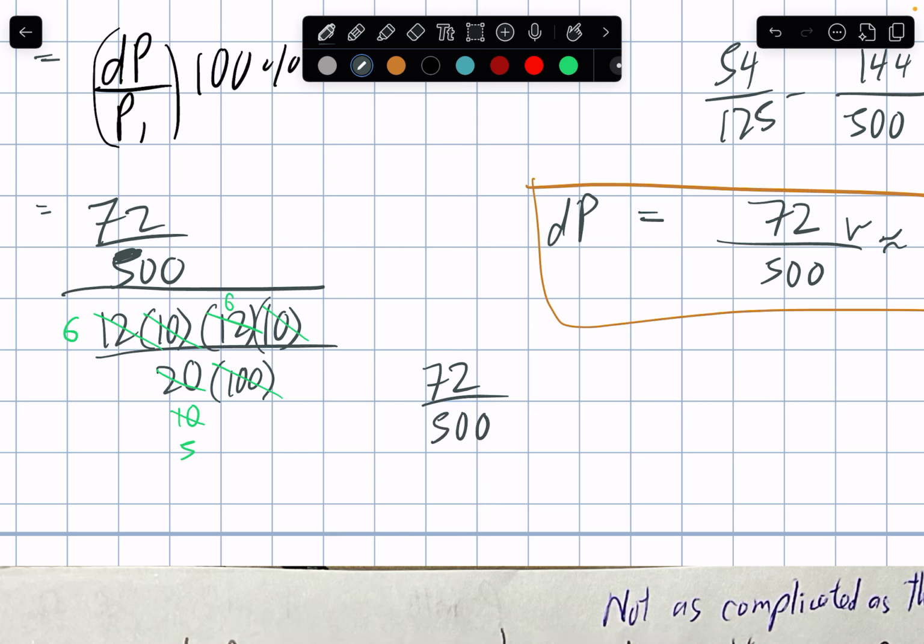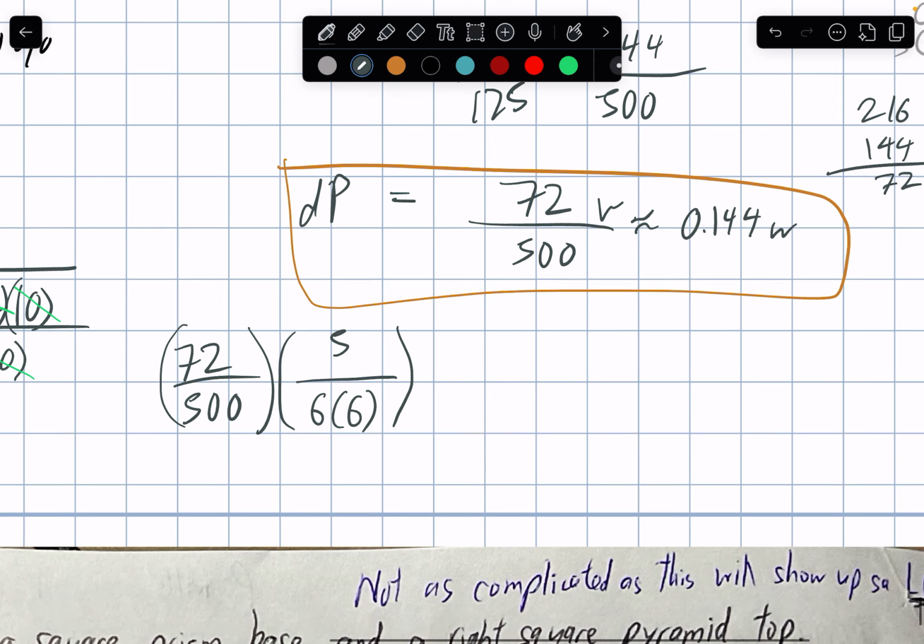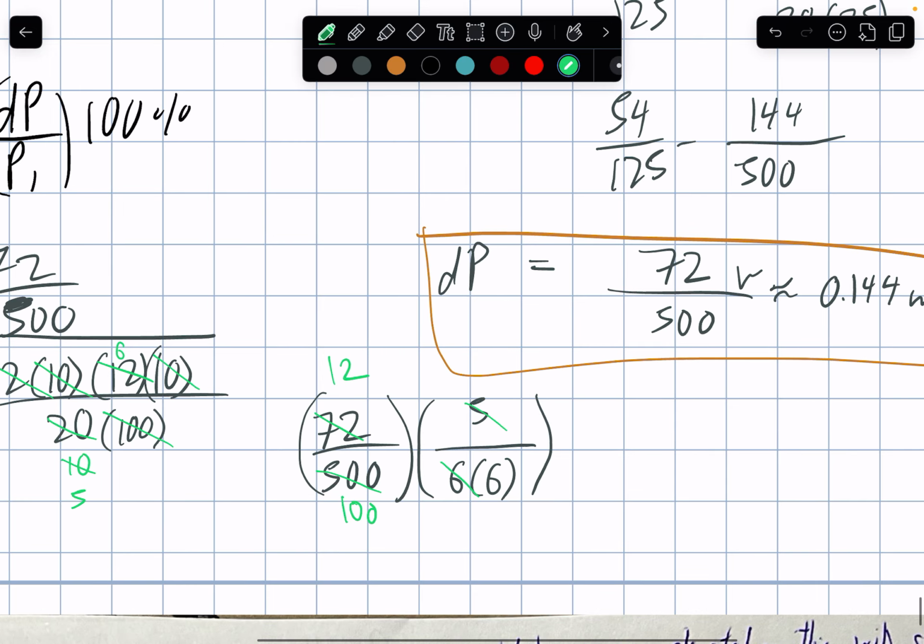72 over 500 divided by 6 times 6 over 5. Eliminate the division sign. Reciprocate. We can cancel something. 1, 2. 2 over 100.